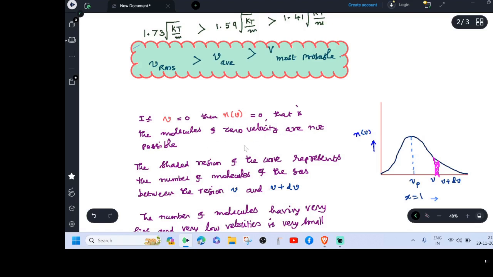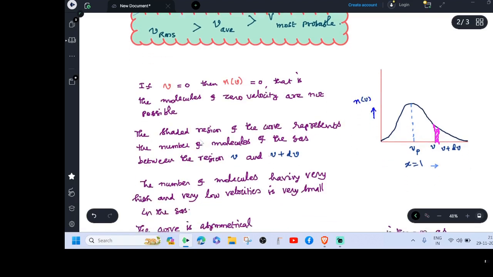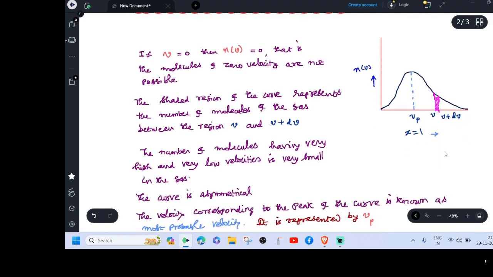The probability of getting a molecule with 0 velocity is impossible, because all the molecules are making random motion. The shaded region of the curve represents the number of molecules of the gas between the velocity v and v plus dv. That means the region between v and v plus dv.